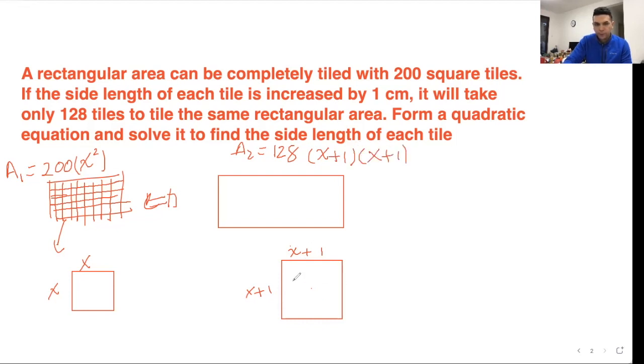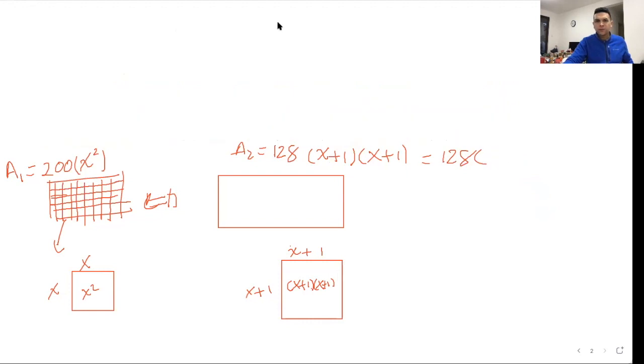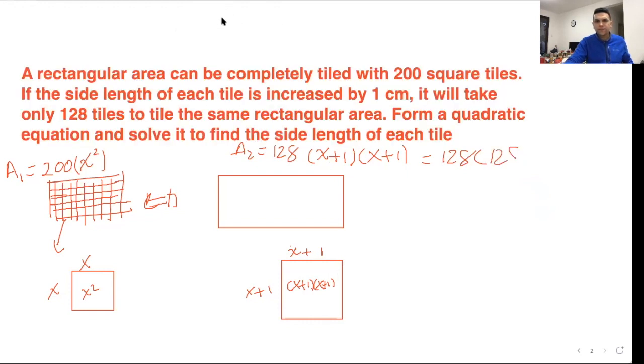Because the area of this would be x plus 1 times x plus 1, the same way we have the area here as x times x, so x squared, and here it'll be x plus 1 squared. So that's why I wrote it this way. And this can be simplified as 128 times x plus 1 squared, okay?